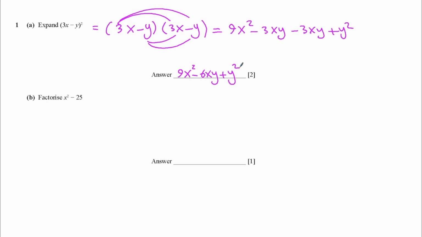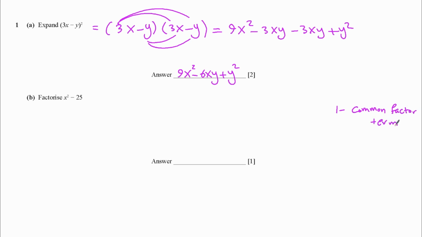Okay, the second part of this question is about factorizing. Factorize x squared minus 25. When we are factorizing, in this order, look at how we can do things. The first thing to look for is a common factor or term.